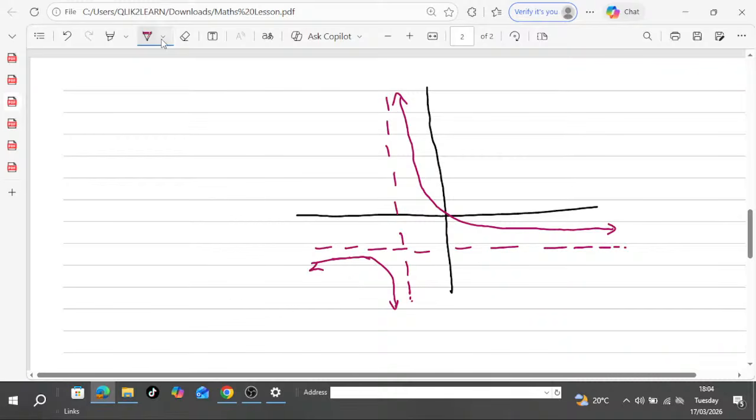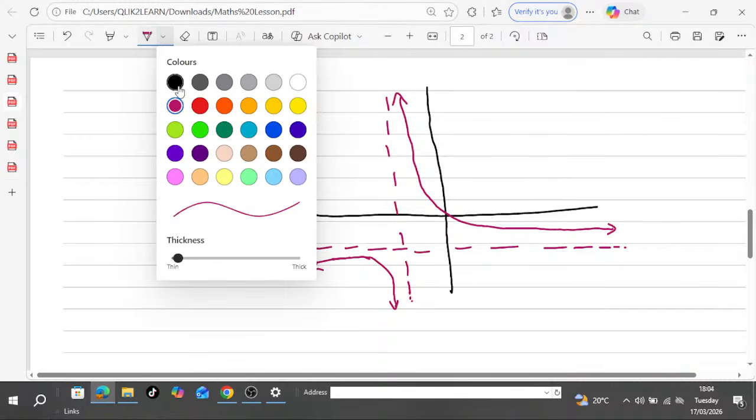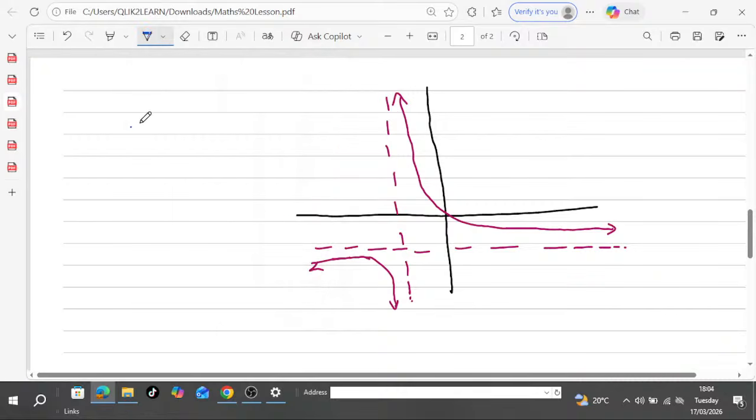Okay, so let's put another graph there, which will be the straight line graph, which will cut at the origin also, and it's going to pass through somewhere there. Okay, I'm very sorry about the drawing. So this is my G graph and this will be my F.